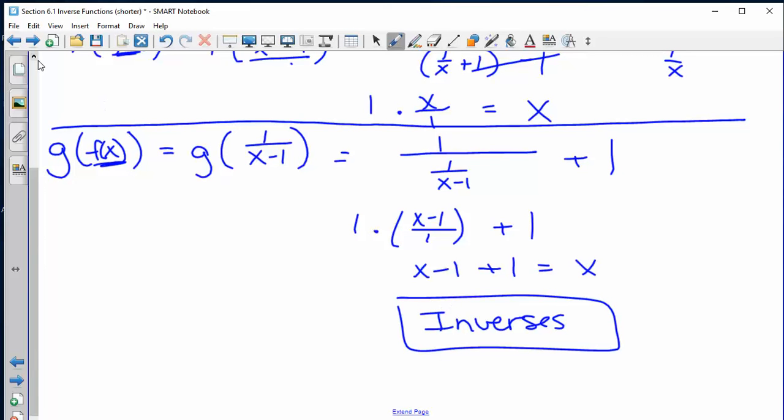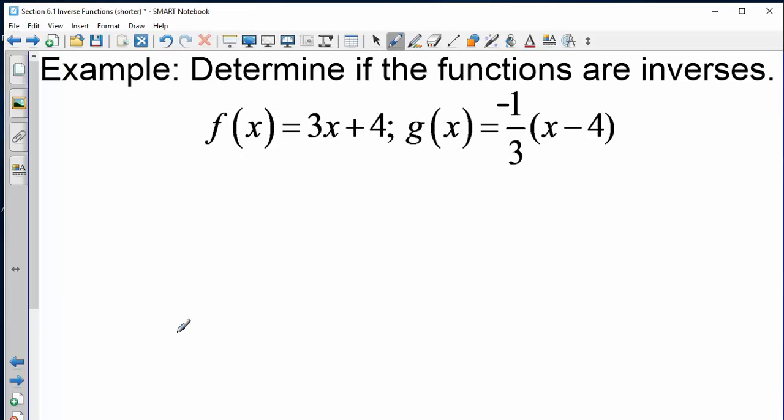One more. So if I do f composed with g, I'm going to take my entire function g and plug it in for the x in my f equation.